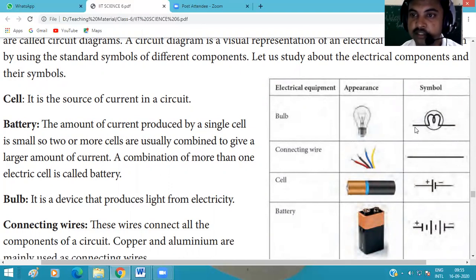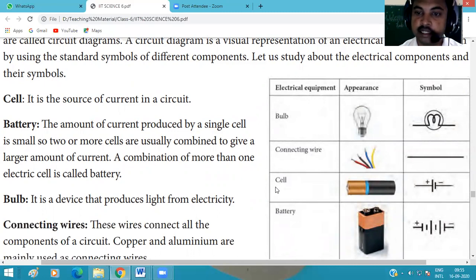Next time when we draw a circuit, we draw the symbol of the electric bulb in place of the actual image of the bulb. And the connecting wire, originally covered with different colors of plastic, in the circuit we draw as a simple line.